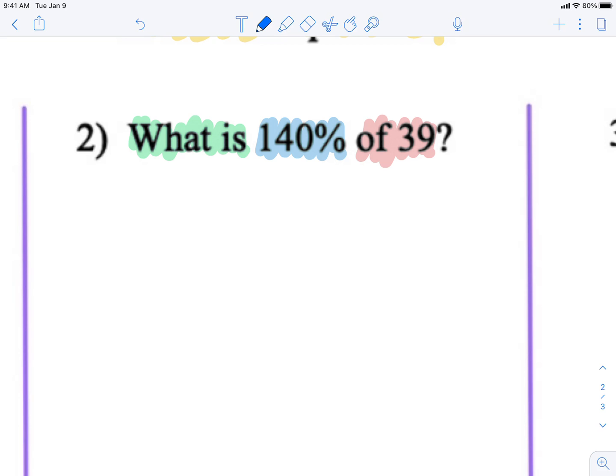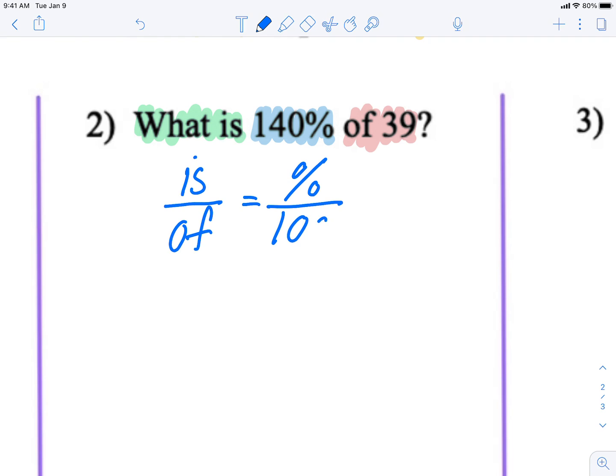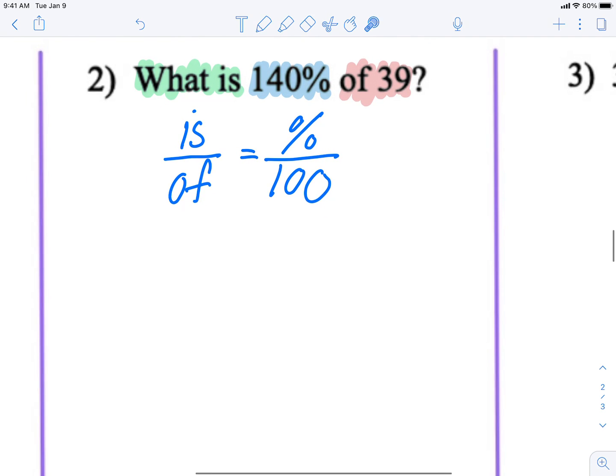So let us write our proportion always. Is over of is equal to percent over 100. So now let's fill in our information. What is my is? It says what is? We don't know.